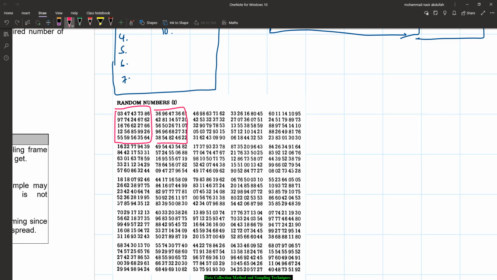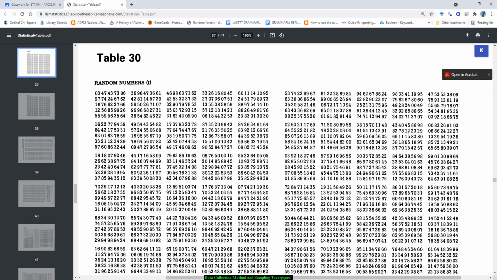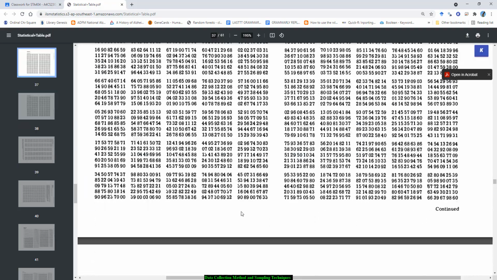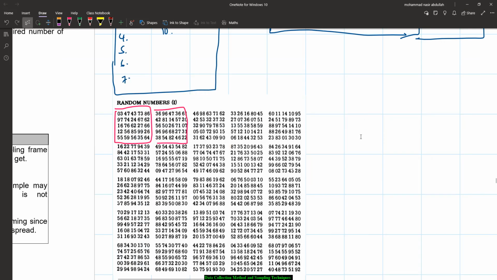If we look in a statistical table, there are many blocks, and not just one page, there are many pages. We just look at an example first. You can begin to select at any point. Let's say you start with block number 2 from the second row.